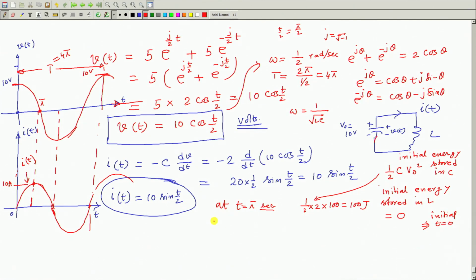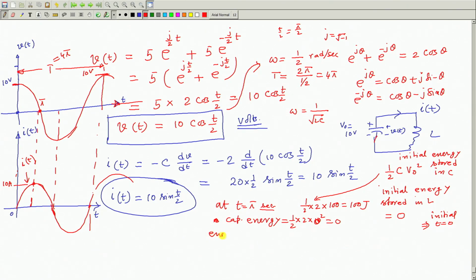the energy stored in the capacitor is half C V square, that is half C into 0 square, which is 0.